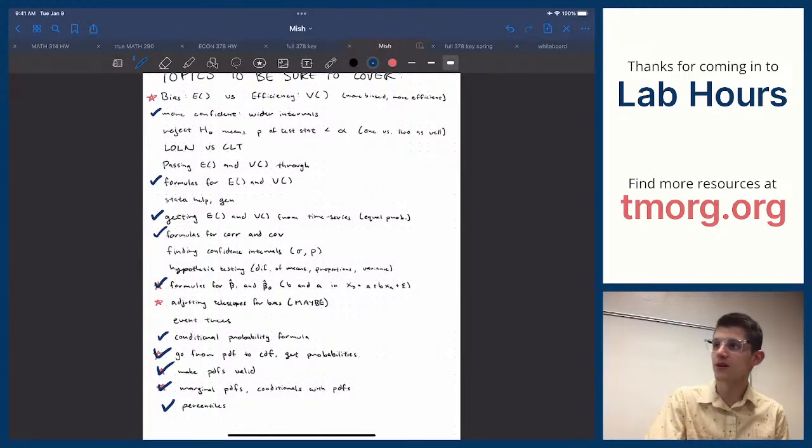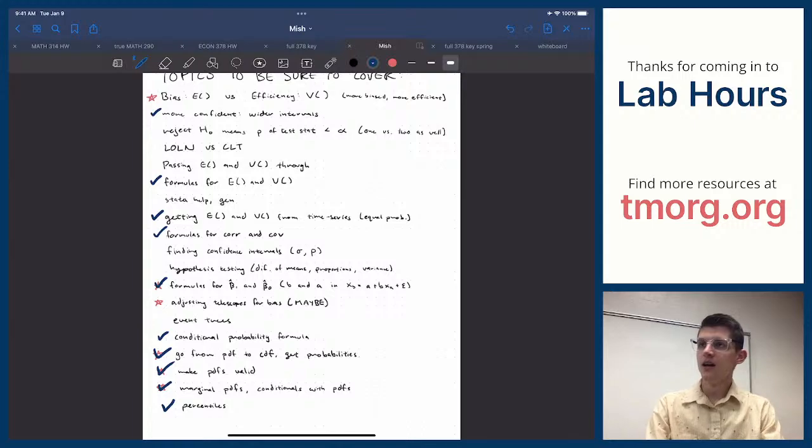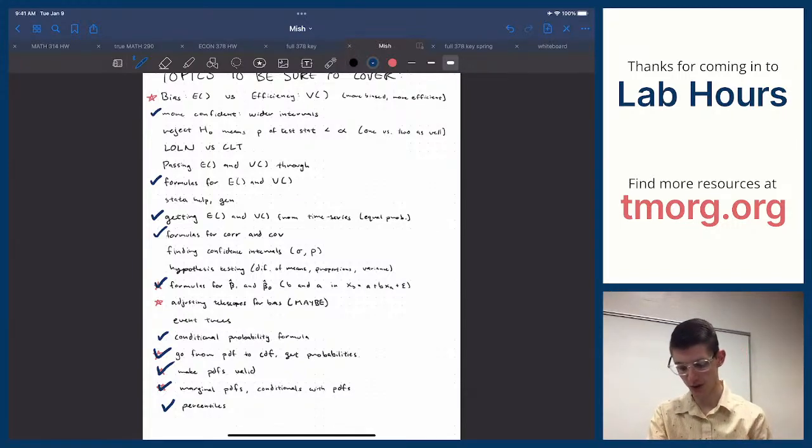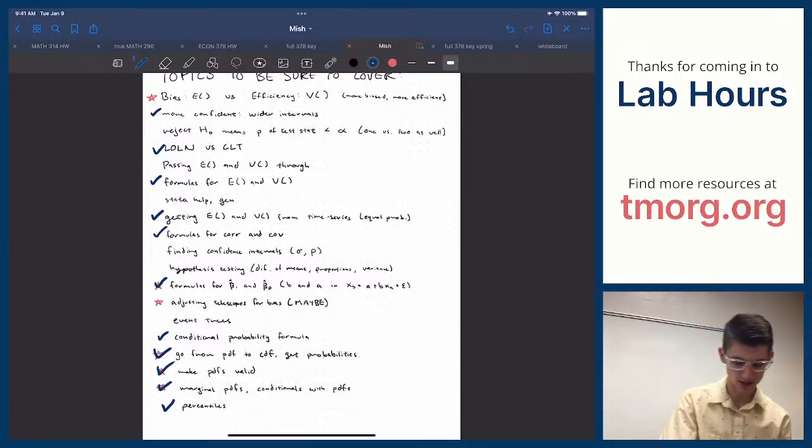The law of large numbers suggests that the bigger your sample is, the closer your X bar is to the true mean. It's basically what makes X bar a good estimator of the true population mean. That's all you're really going to need to know about those two things, if I had written the test.